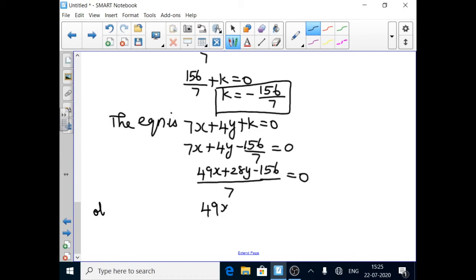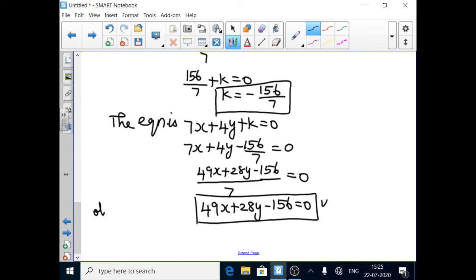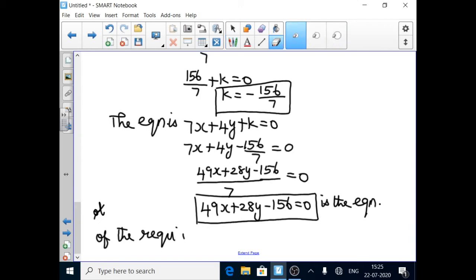So 49x plus 28y minus 156 equal to 0 is the equation of the required line.